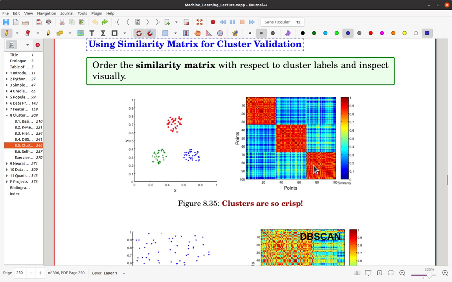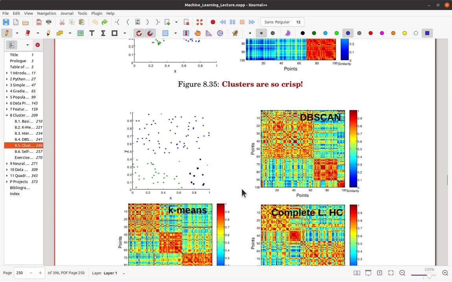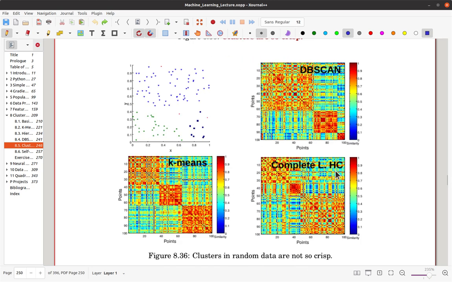So here now you can see a very crisp similarity matrix. For this data set, DBSCAN made such clusters, and look at over there. There is the largest one here, and a second largest one. It's a small cluster, and you can see the pattern here.